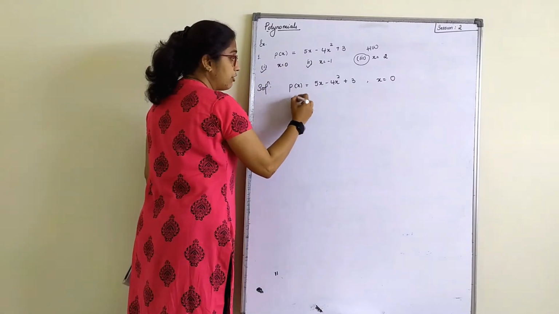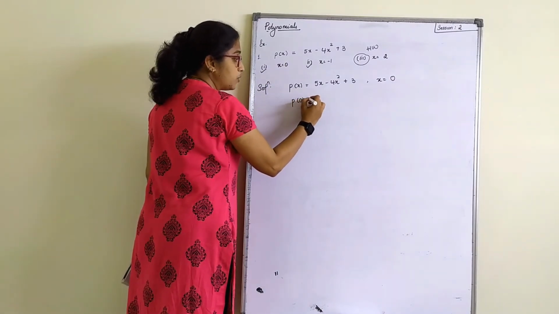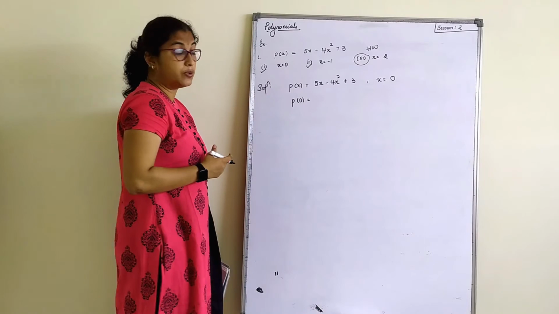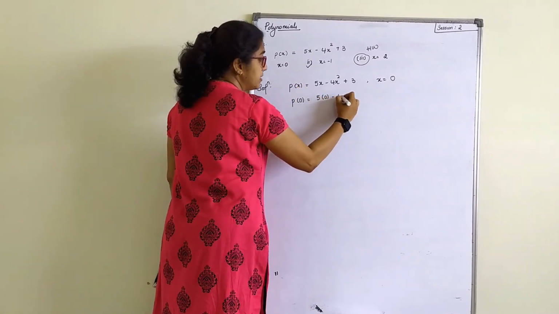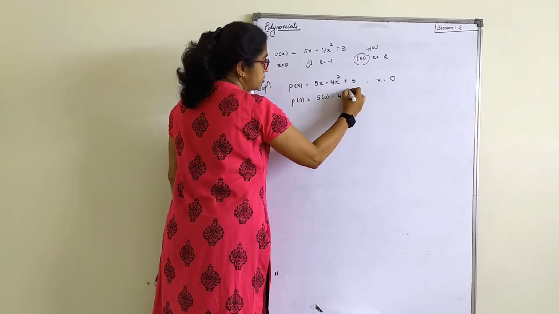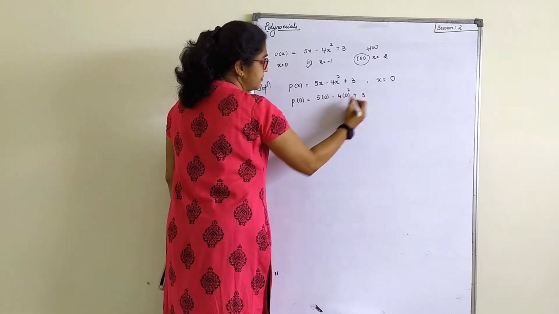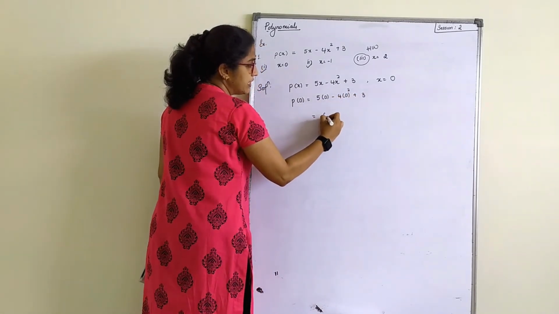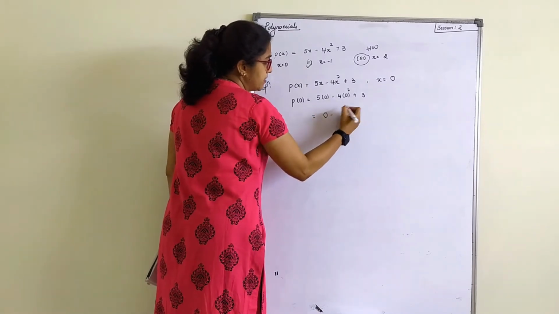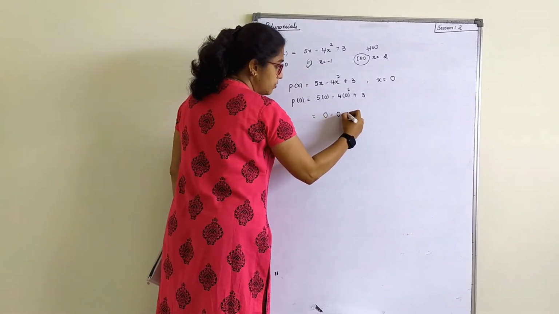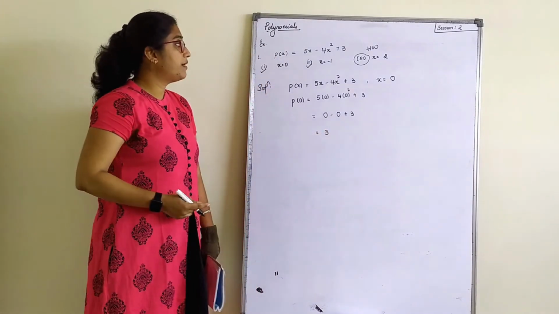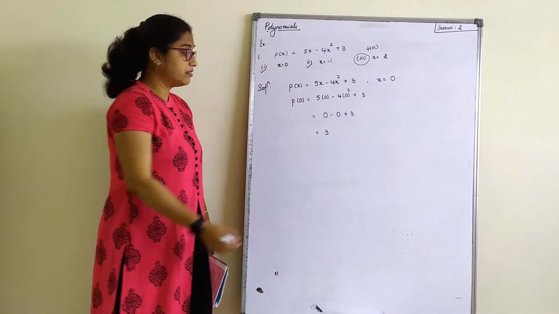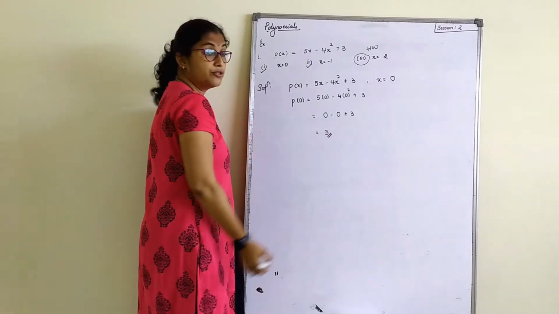So here I will write 0 instead of x, because x value is 0. 5 into 0 minus 4 into 0 square, which is 0 but write as it is, equal to 5 zeros are 0, minus 4 into 0, 0, plus 3. So the answer is 3. So the value of this is 3. This is the answer. Right?